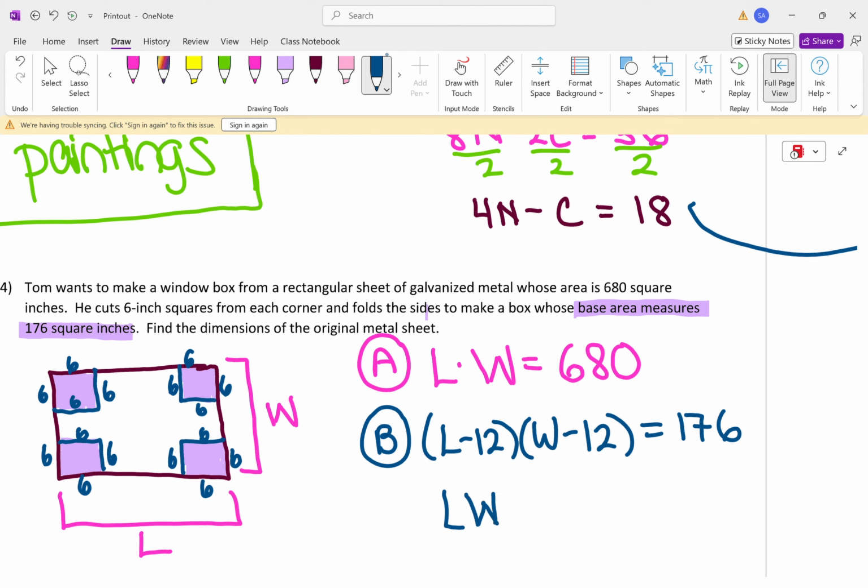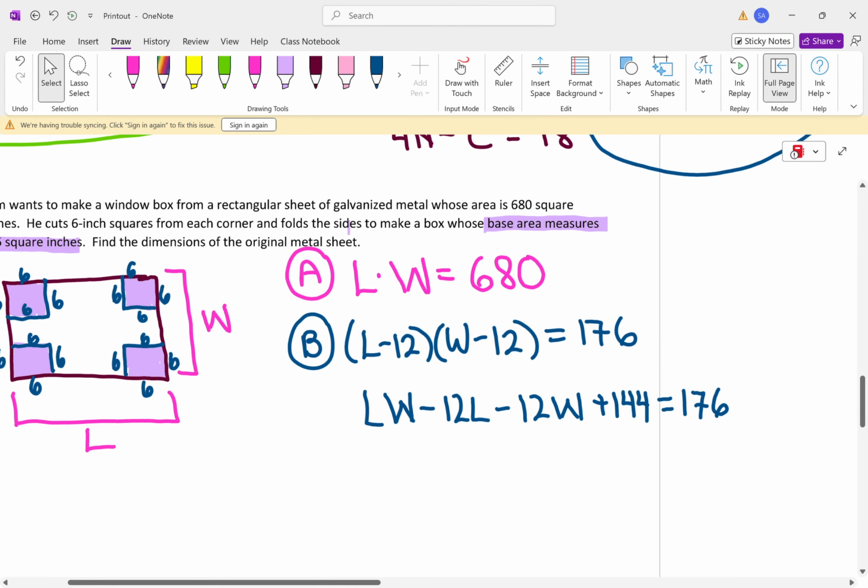All right, I'm going to FOIL the second equation. So we're LW minus 12L minus 12W plus 144 equals 176.